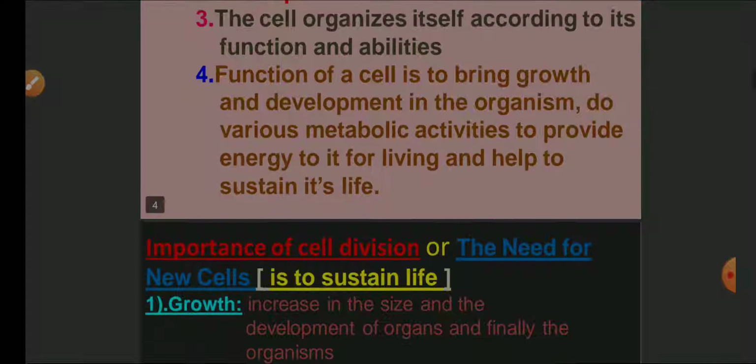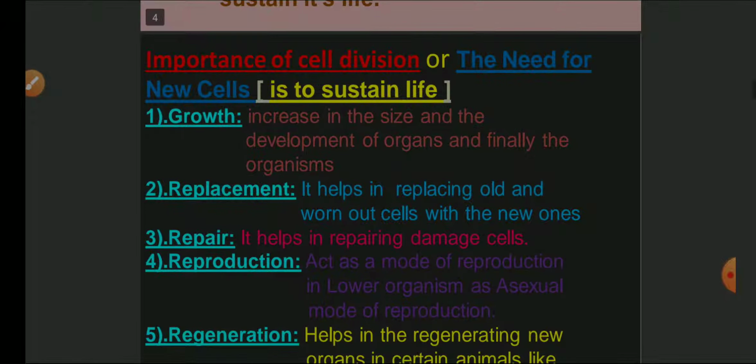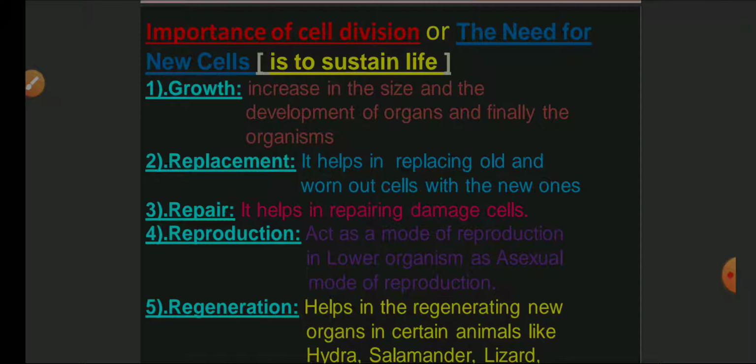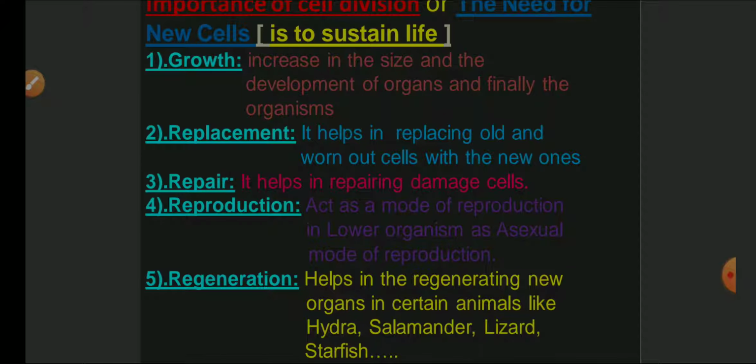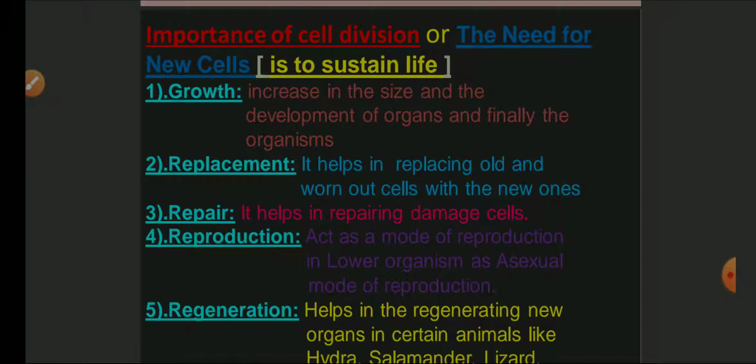Let us move on. Why do we require new cells, or what is the importance of cell division? The importance of cell division is as follows: growth, replacement, repair, reproduction and regeneration. You can see G and there are 4 R's. So you can say G 4 R's. As well as the important one, to sustain life.